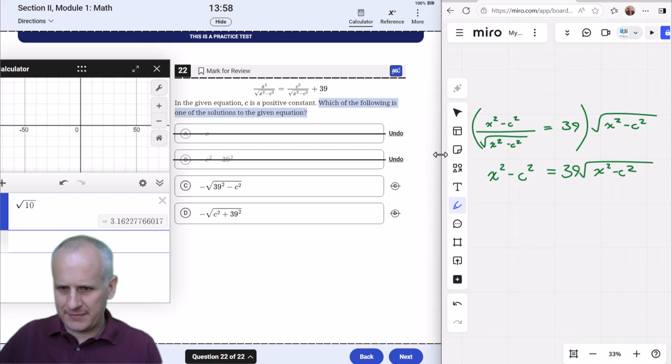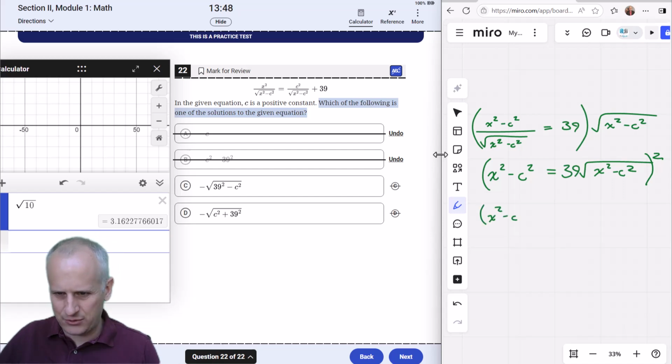Now, what's going to happen is we're going to have to actually square everything. When I do this, I don't want to expand. I'm going to just leave it as x squared minus c squared times x squared minus c squared on the left-hand side. And then on the right-hand side, we now have 39 squared times x squared minus c squared.